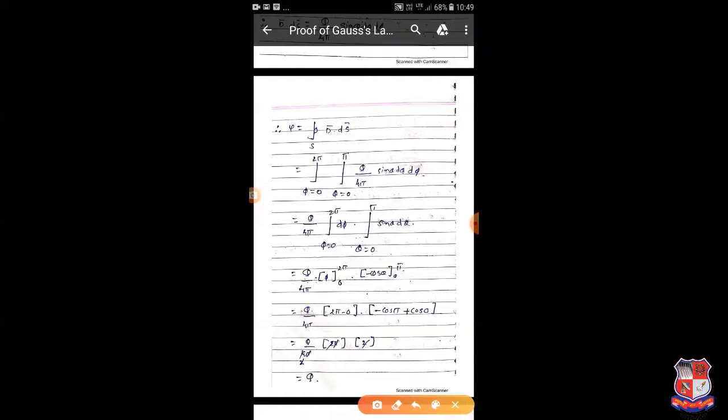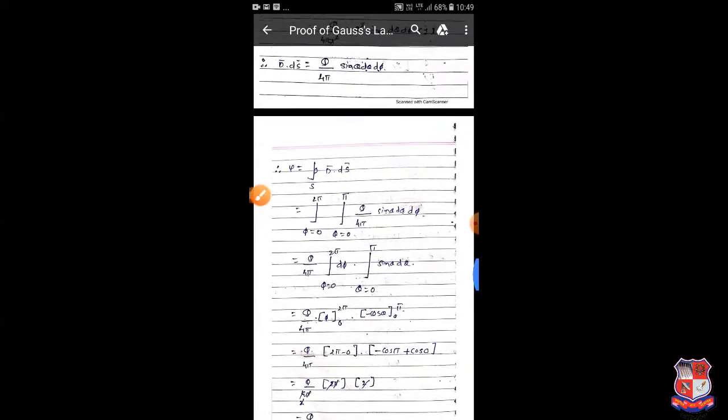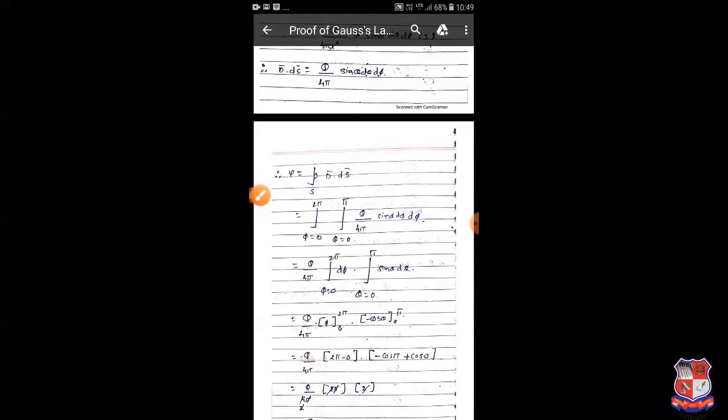Now what does D bar dot dS bar indicate? The D bar dot dS bar indicates d psi. This one is the differentiation, so to remove it we write the closed surface integration of D bar dot dS bar. How many integrals are present here?